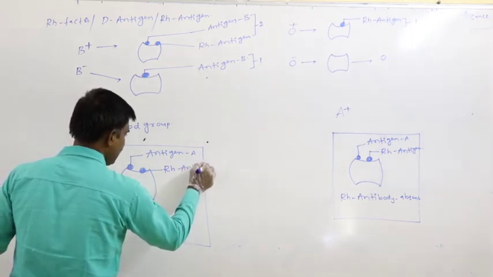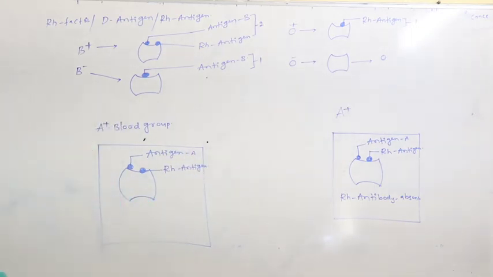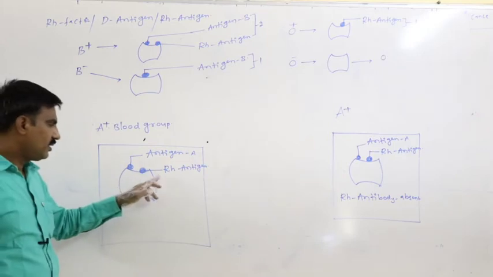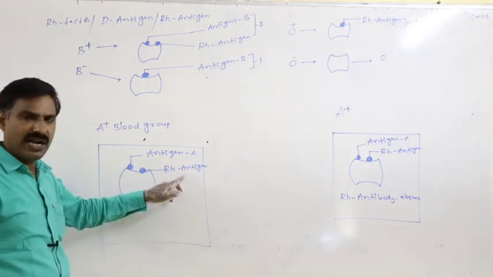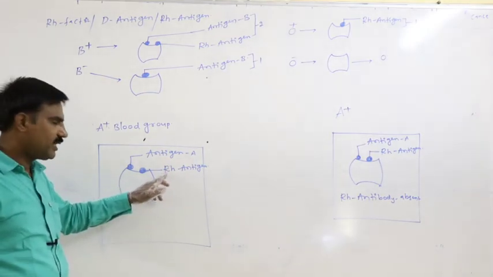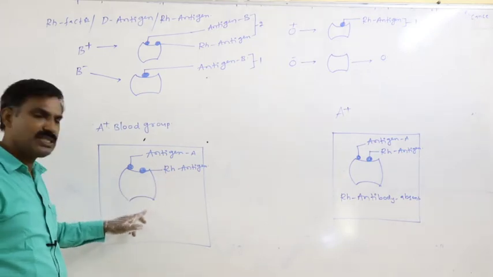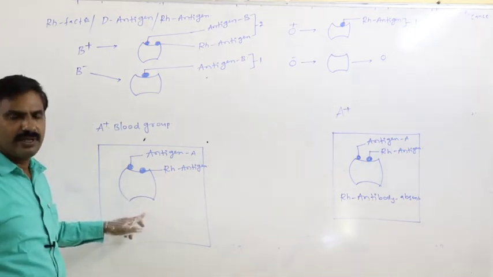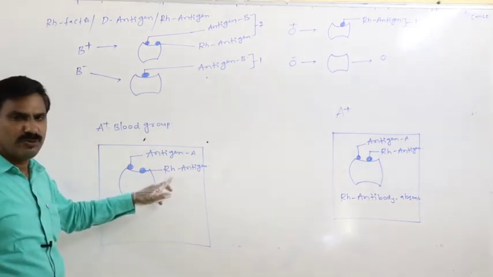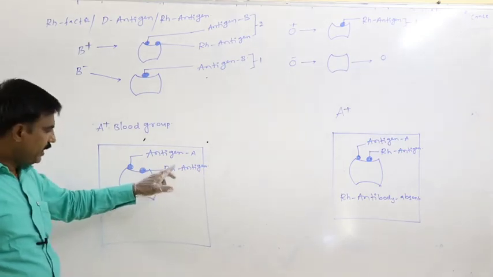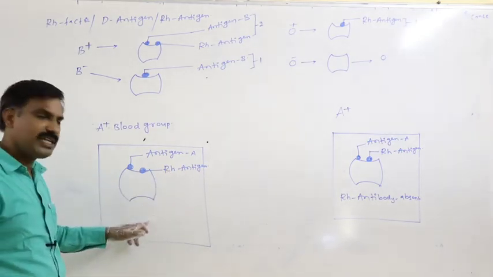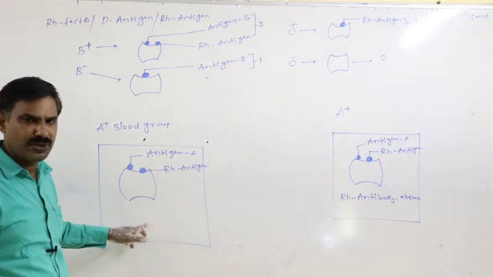So naturally, against this Rh antigen, Rh antibodies may not be produced in his blood plasma.